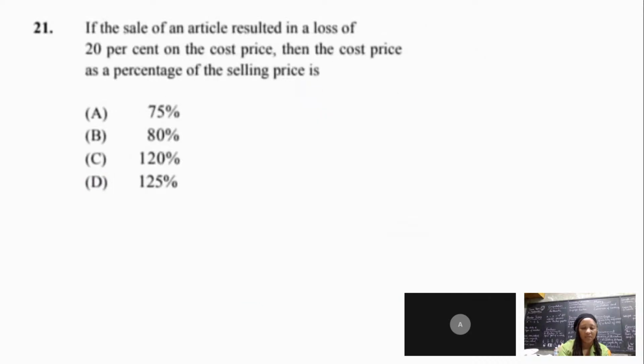All right, Asar, 21. If the sale of an article resulted in a loss of 20% of the cost price, then the cost price as a percentage of the selling price is.